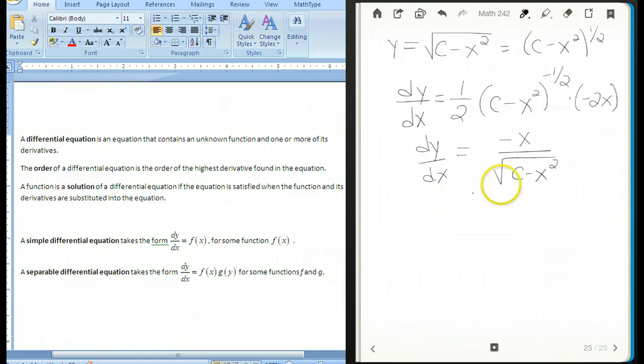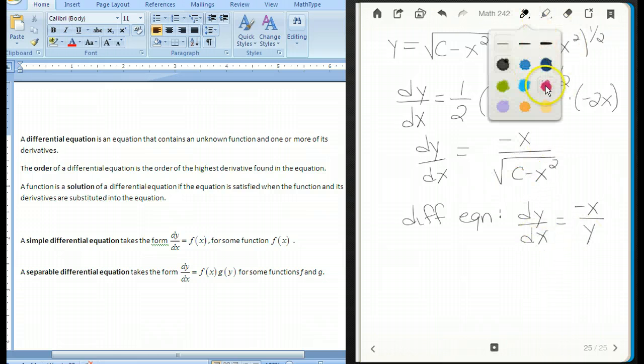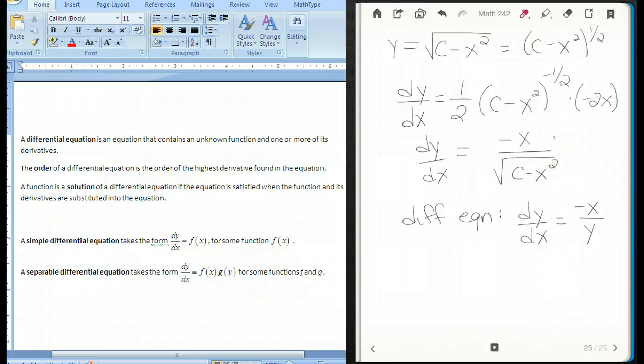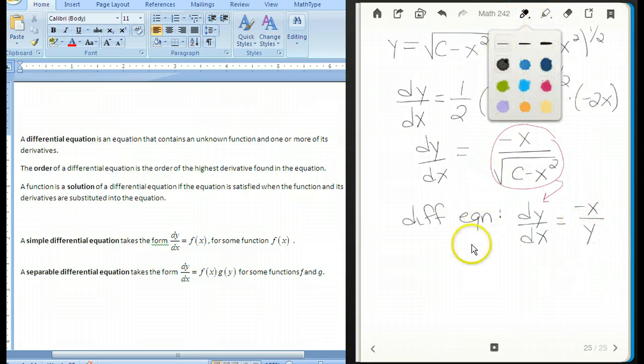Now we want to take that expression for dy/dx and plug it into our differential equation. Remember our differential equation looks like dy/dx equals negative x over y. This derivative is what I'm going to plug in on the left side of the equation. And then I'm going to put the square root stuff in for the y, and check to see if I get equality.